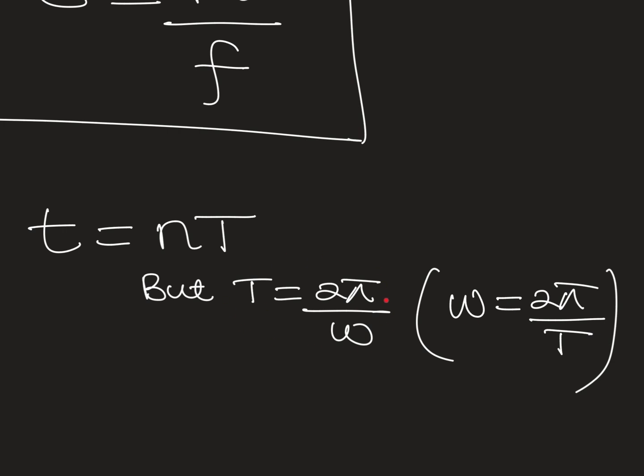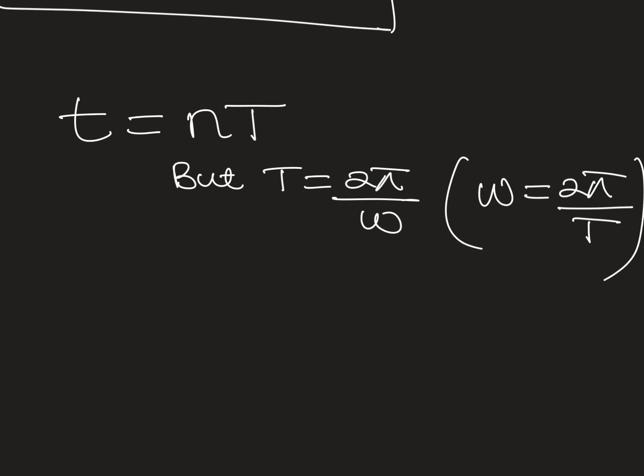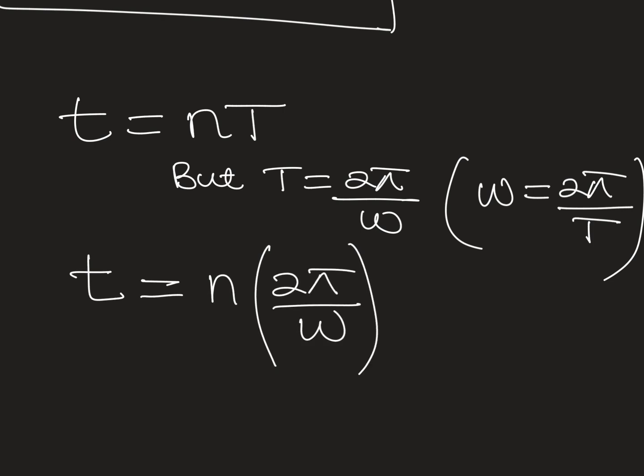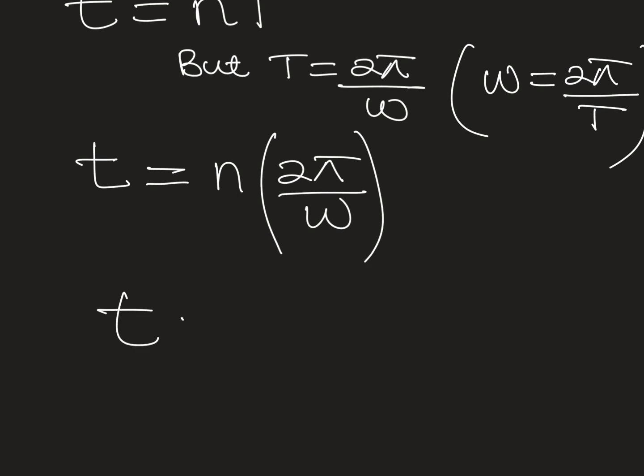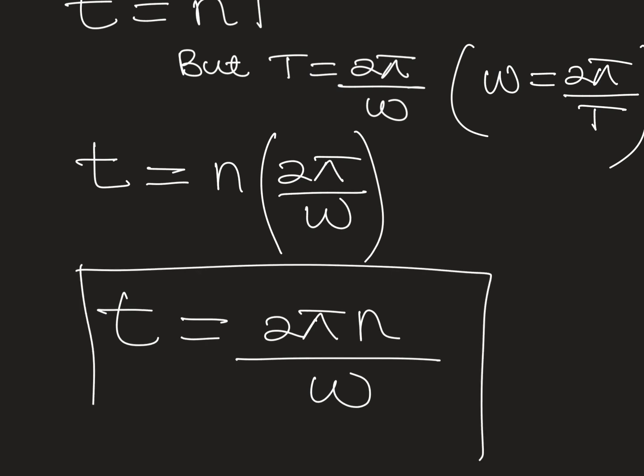That is how we came to this point, okay? Do not be confused. So that is, we can have t is equal to n into 2 pi divided by omega. So that is t is equal to 2 pi n divided by omega. So that is the total time is equal to 2 pi n divided by omega.